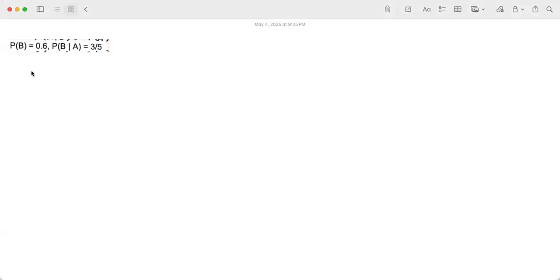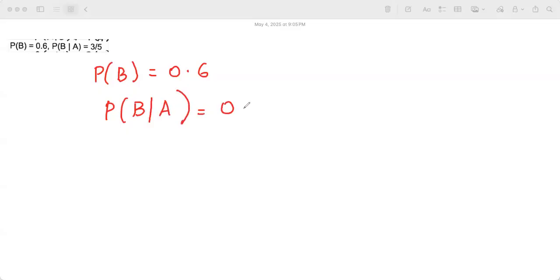Suppose they ask you like this: probability of an event B is 0.6. Probability of the same event given A has already occurred is 3/5. Are they dependent events or independent events? Dependent.